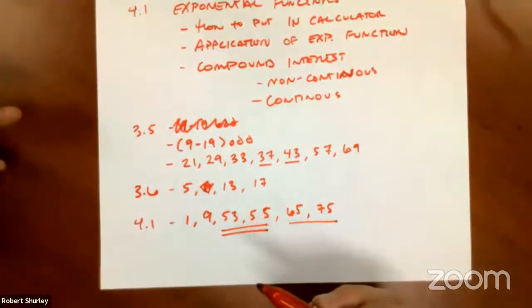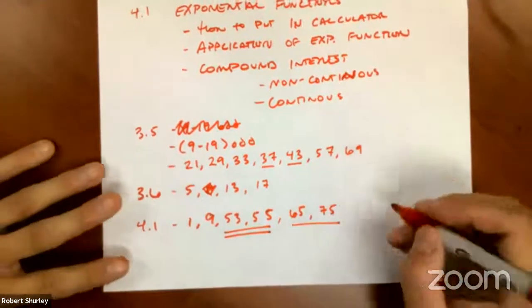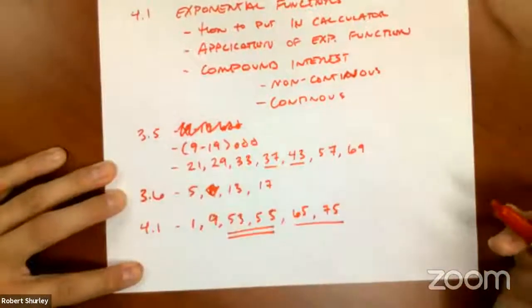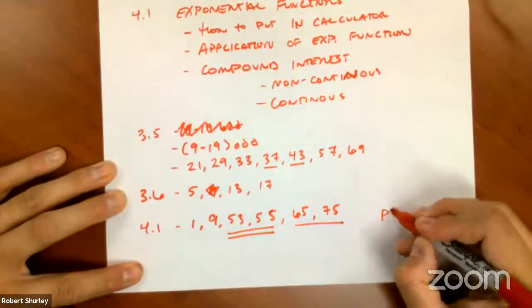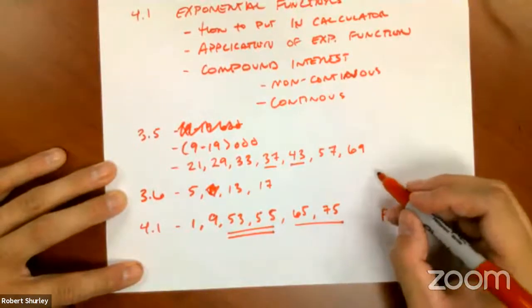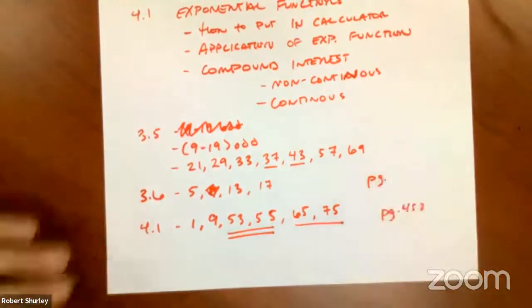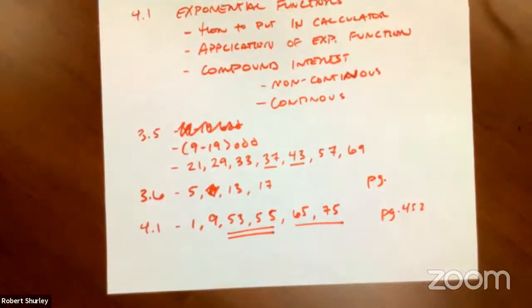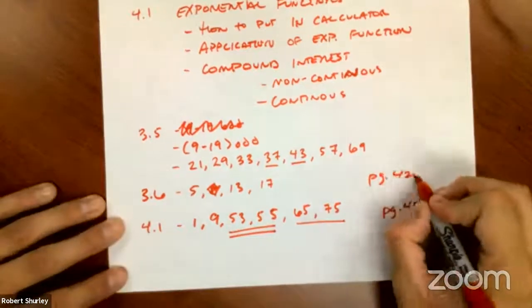These are from the homework, Justin. So it's just the homework in those sections. So this is page 452. This is page 420.